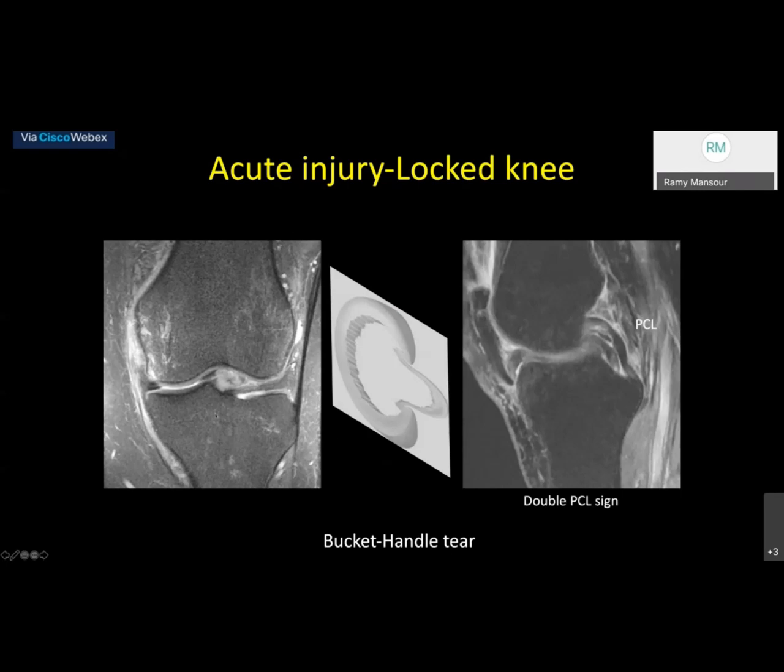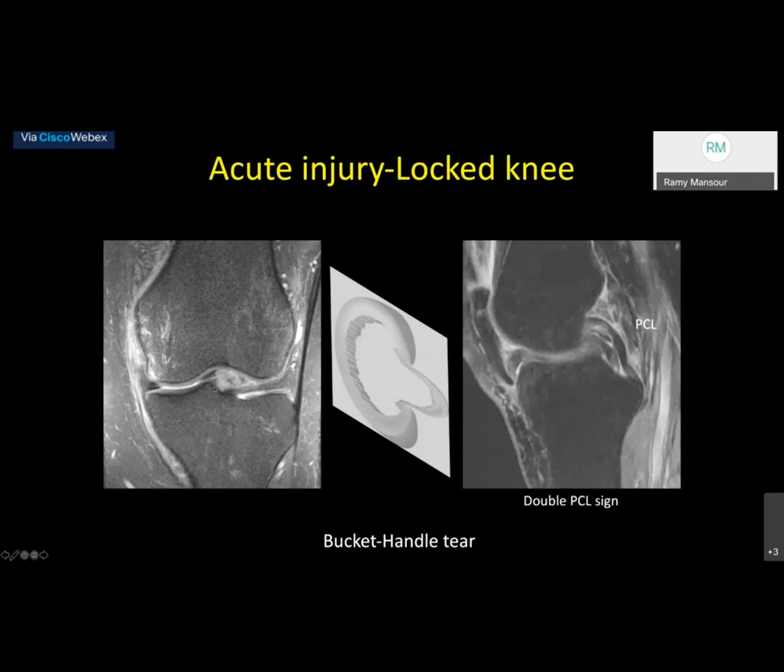It's easily seen in the coronal, and you can see in this example that the medial meniscus, its whole body, is attenuated, and there is another fragment which is being displaced into the intercondylar notch.